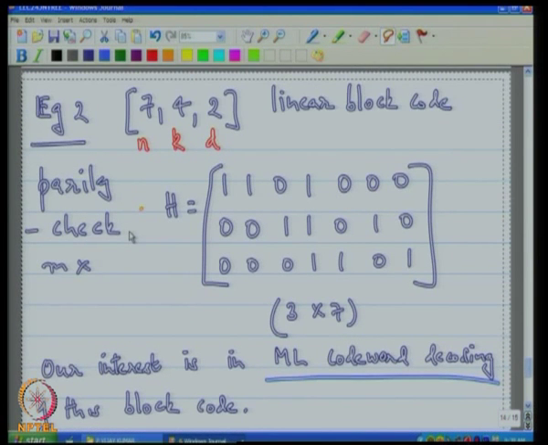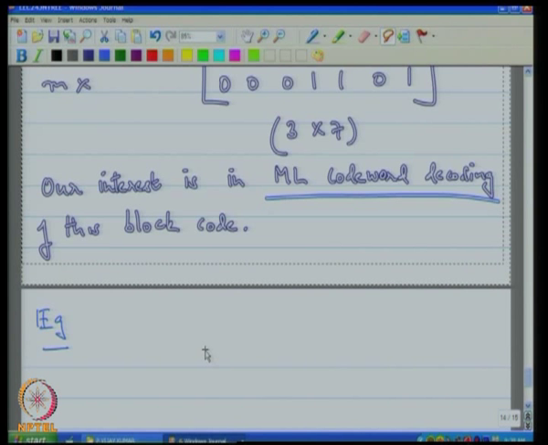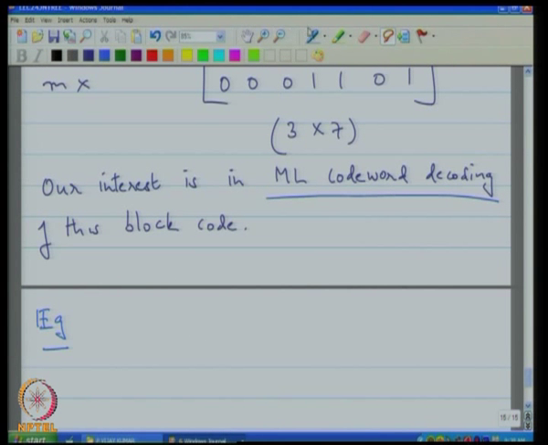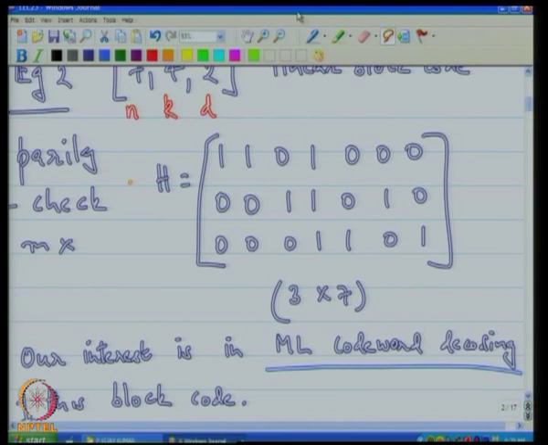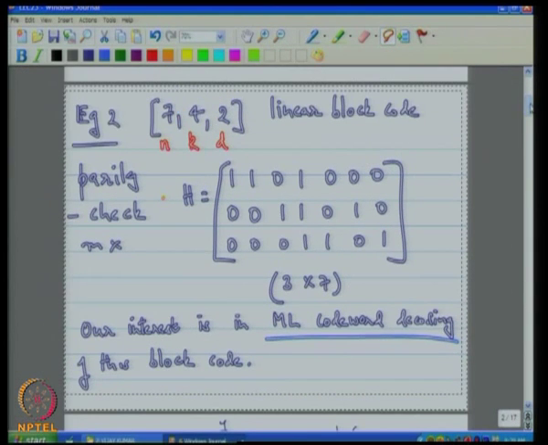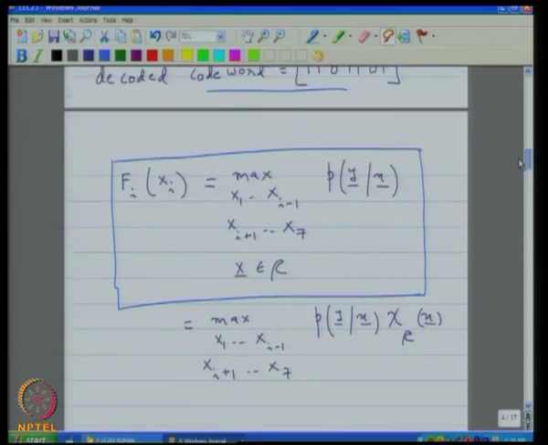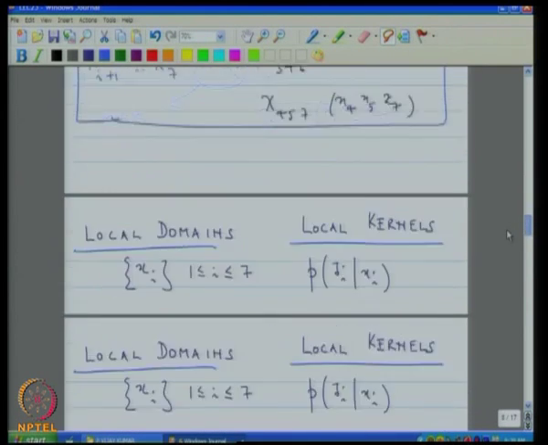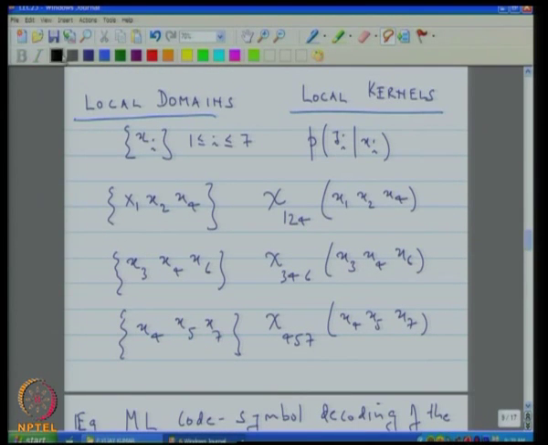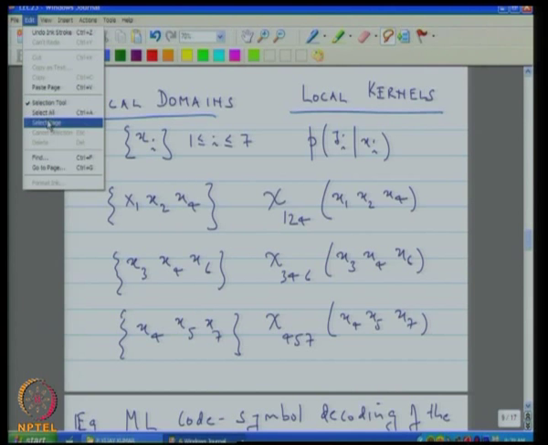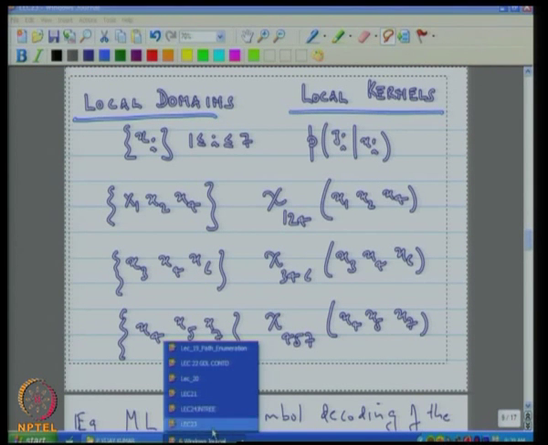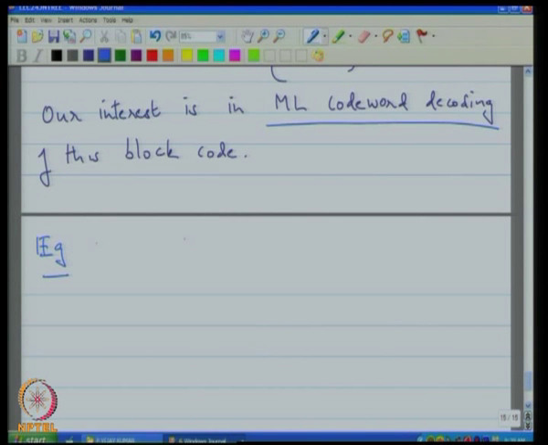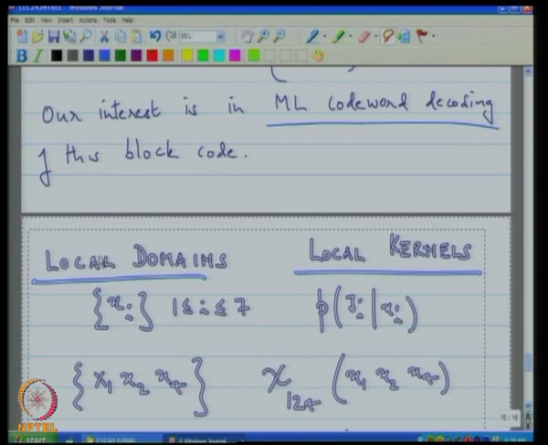And then I am also going to copy a second page from our last lecture, which was where we had listed the local domains. So, let us select the page and copy the page here.